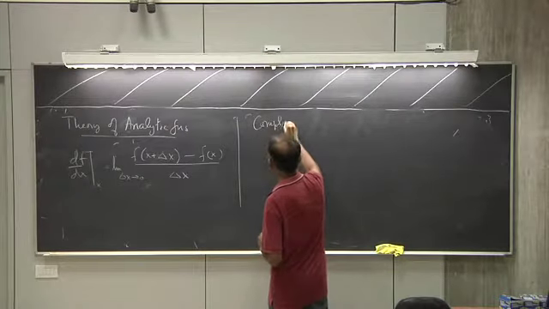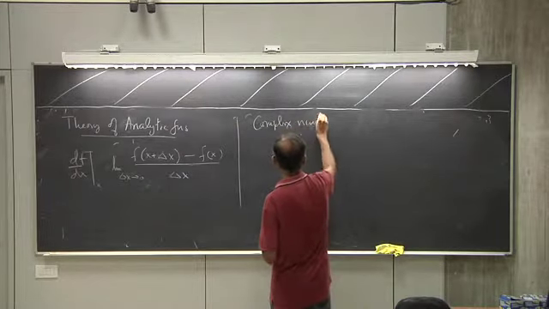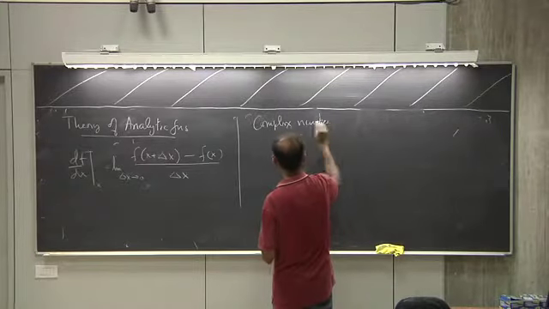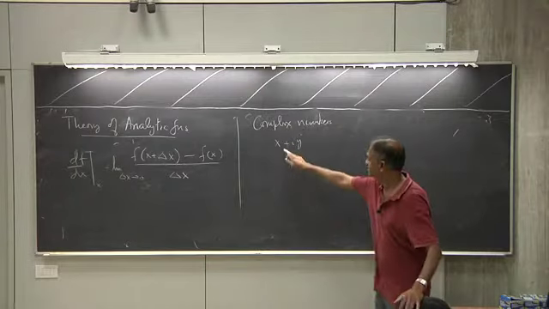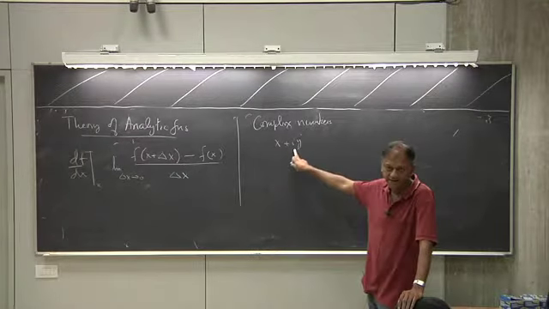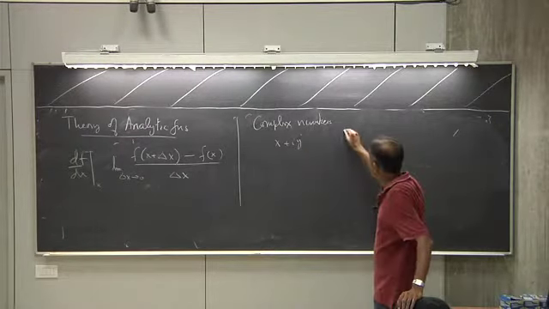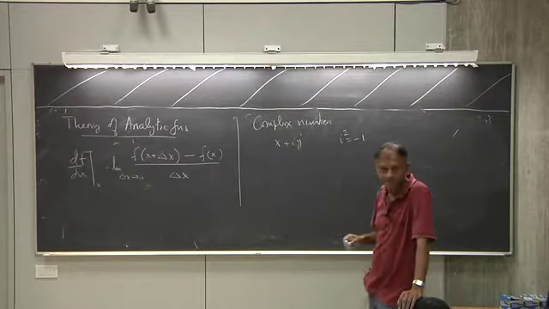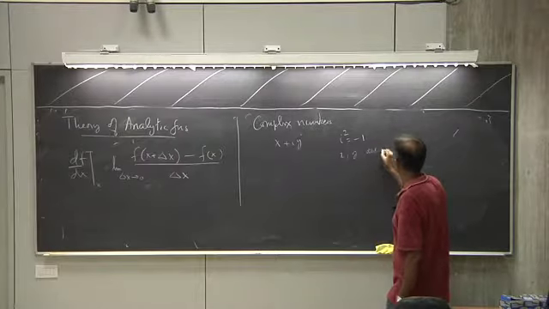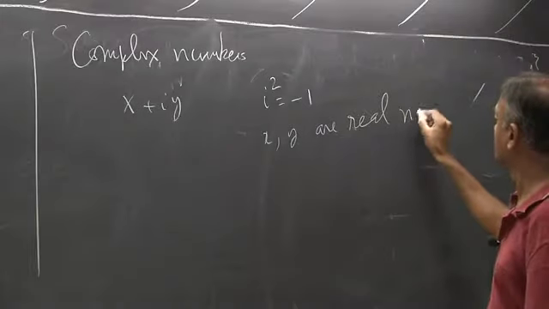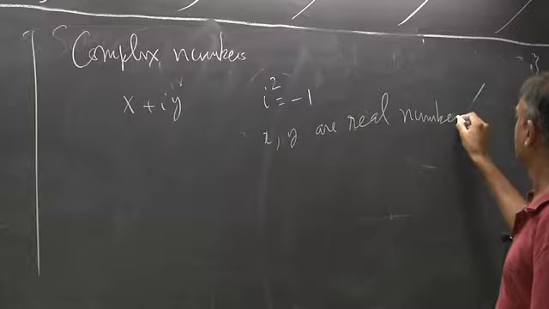Of course, you know, but complex numbers are of the form x plus iy, where x and y are real numbers, and i is the imaginary number with i squared equal to minus 1.